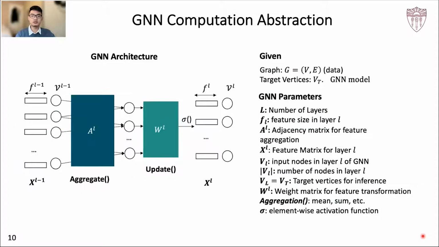We start by first trying to capture the computation abstraction of GNN layer. So even though there are a lot of different models, all these GNN models follow very similar computation abstraction. Each layer follows the architecture which first does a feature aggregate, followed by feature update, and then followed by element-wise activation function.